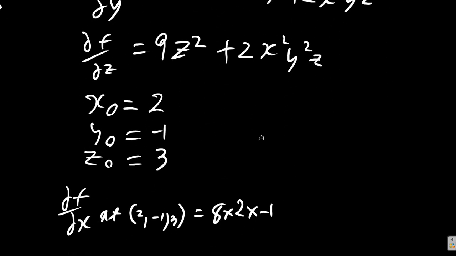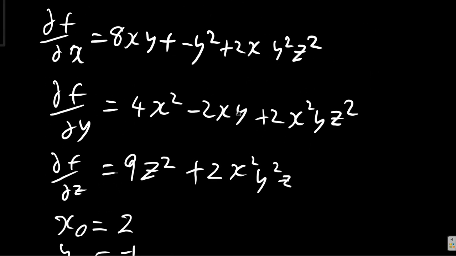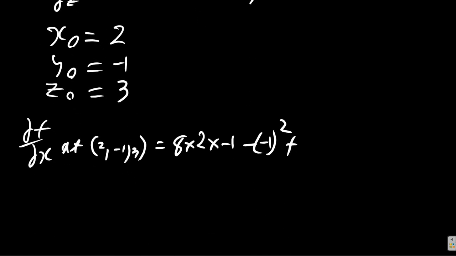Minus y squared, so it will be minus -1 squared plus 2xy squared z squared. And it will be 2 times x naught is 2 times y squared is -1 squared times z squared is 3 squared. Alright?